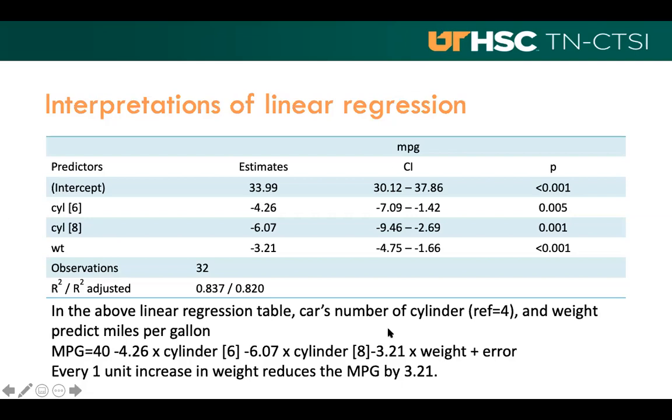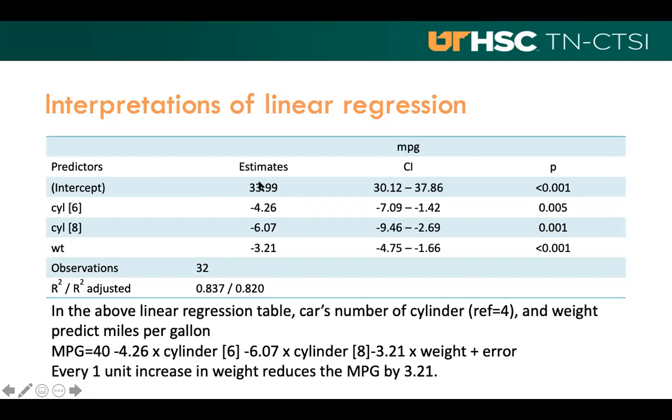So one can use the coefficients estimated from linear regression to predict the miles per gallon for a given car. For example, sorry, the intercept is actually 34. I think I used this one from a previous table.